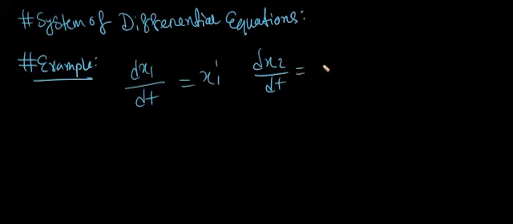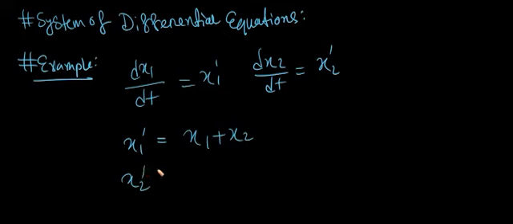Let's have two variables, one is x1, another one is x2. So dx1 dt, let's denote this as x1 prime, and dx2 dt, let's denote this with x2 prime. And the coupled differential equations are just x1 prime equals x1 plus x2, and x2 prime equals 4x1 plus 4x2. Now, how can we solve this?